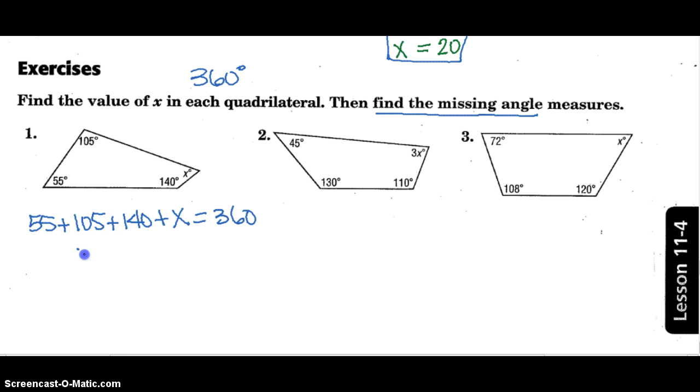So that's a total of 300 plus x equals 360, and I think you can get it from there. So for this one you only have to find the x. Here after you find x you'll multiply times 3, and number 3 you'll just find x. Alright, so pause here and try those on your own.